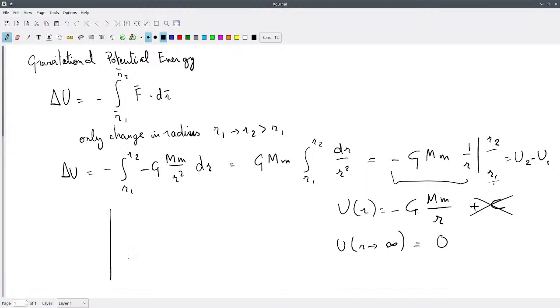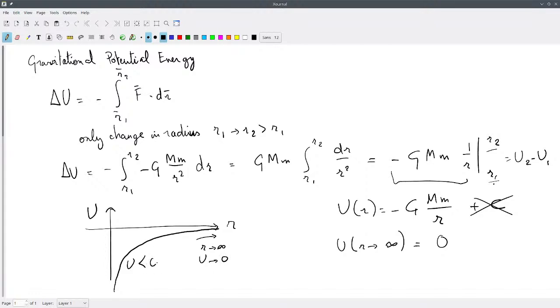If we look at the potential energy U as a function of the distance r, it's going to look like this. At very large distances, if r goes to infinity, U goes to zero.